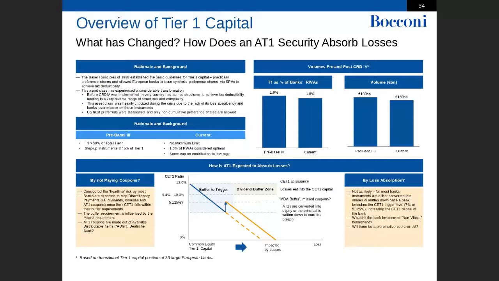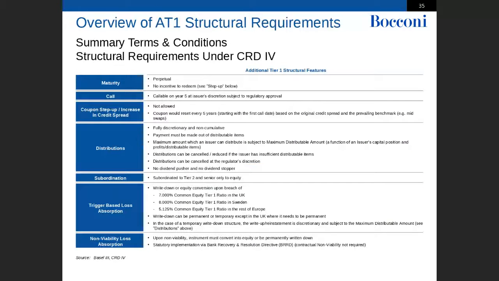What I wanted to share with you in the last 10 to 15 minutes is this element of a perpetual bond. When you have these perpetual bonds, which are the typical instruments, how do they create equity?